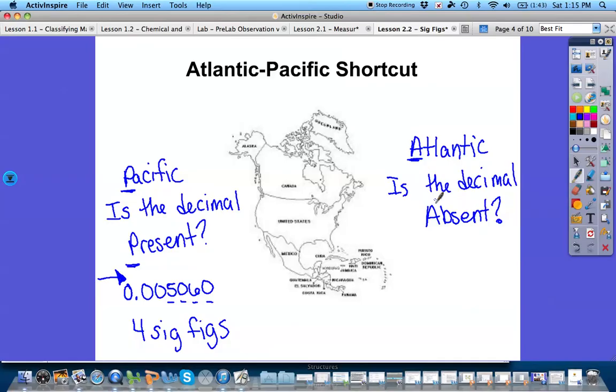So the Atlantic side goes with absent, A and A. So if I give you the number 12,600, the decimal is absent, so we're going to start on the Atlantic side, the right side, go to the first non-zero number, and go all the way to the left. So we have 3 sig figs in this number.